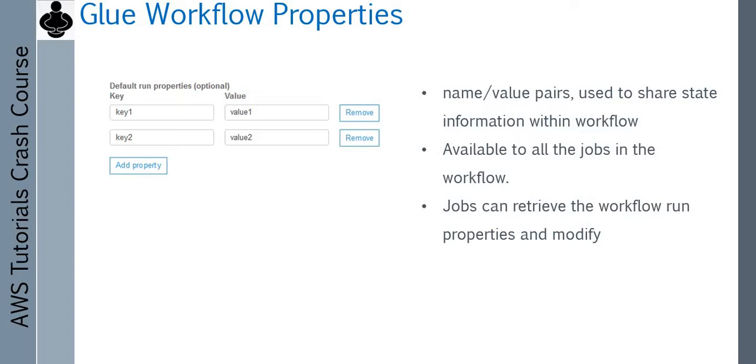So keep this in mind that the jobs participating under Glue workflow can access these properties, and they can not only read the properties, they can also update those properties. And by virtue of that, workflow properties work like a state sharing mechanism between these Glue jobs running under the workflow.